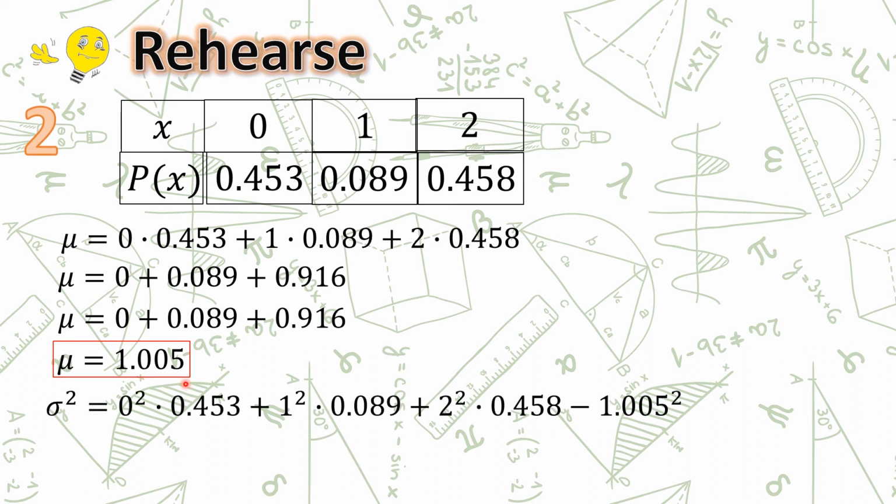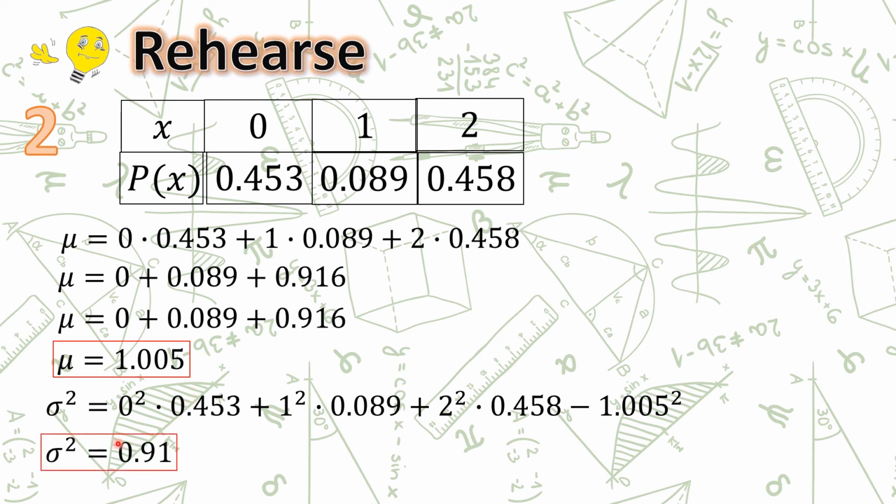The variance is equal to 0 squared times 0.453 plus 1 squared times 0.089 plus 2 squared times 0.458 minus the square of the mean, 1.005 squared. You may use your calculator and solve for the variance.